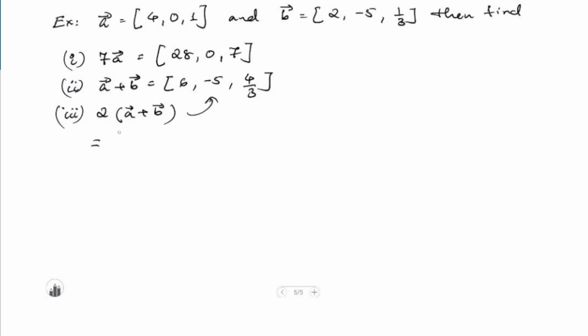So 2 times 6 will be 12. 2 times -5 is -10. And then we have 2 times 4/3, so that will be 8/3.